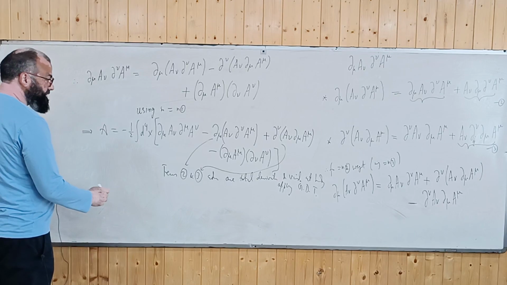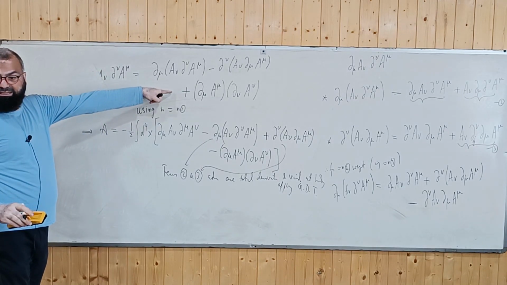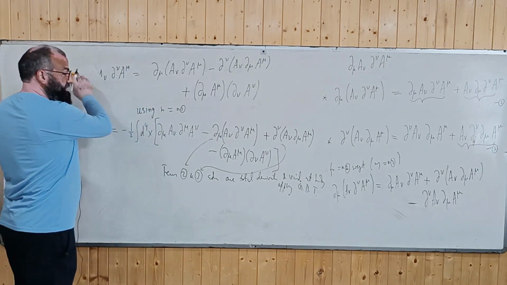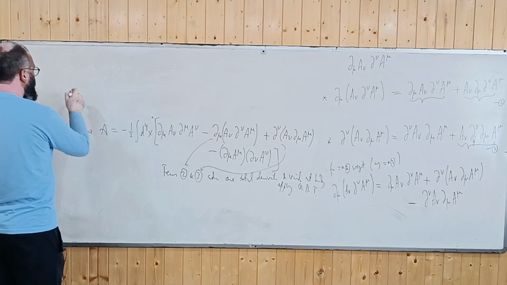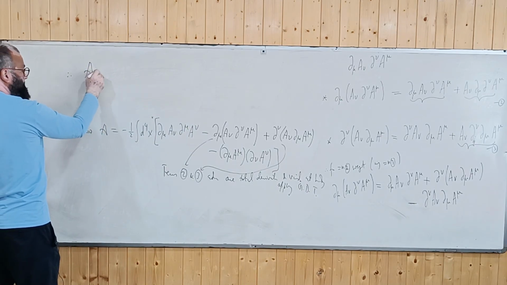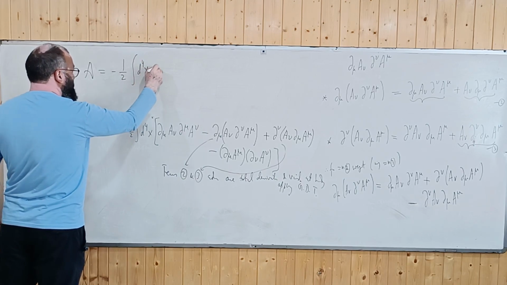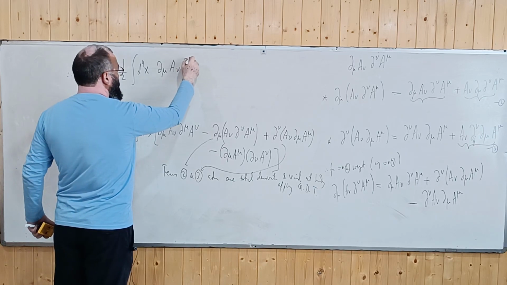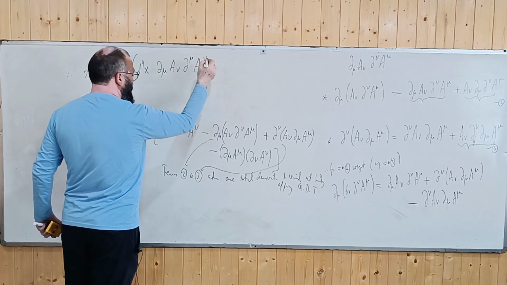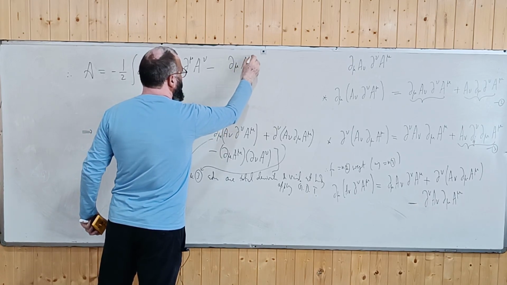So therefore, what is my action now at hand? So have you written this thing? So therefore, our action is minus half of d4 of x partial mu a nu partial mu a nu minus partial mu a mu square.